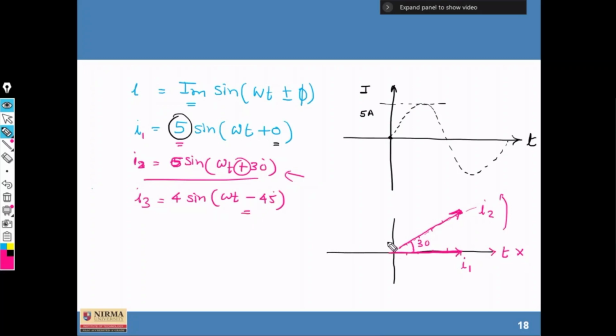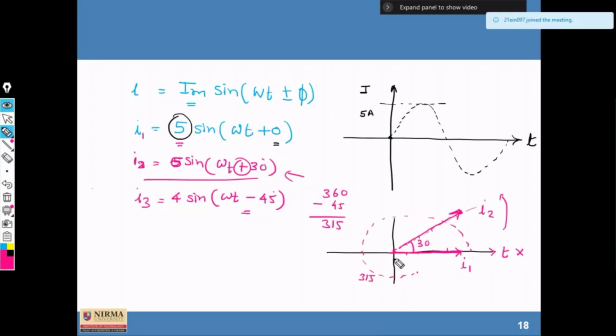I3 is a lagging quantity. This lagging quantity you may find by subtracting from 360, and you can draw the vector in this fashion. So 360 minus 45 is 315, and this angle, 315, is the vector called I3. In another way you can also represent it as minus 45 degree.